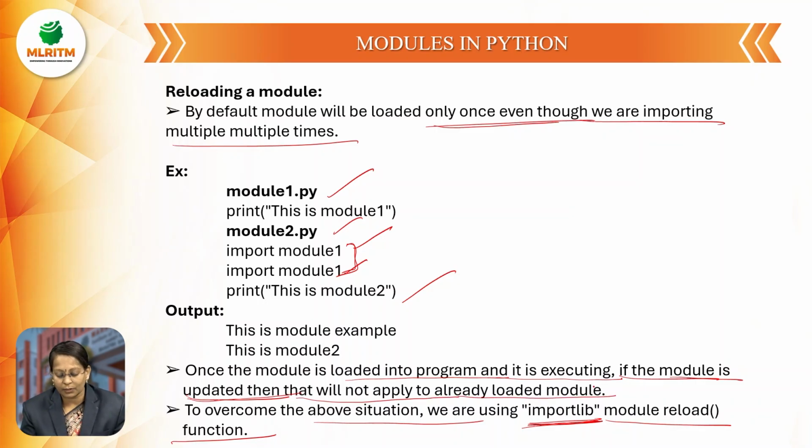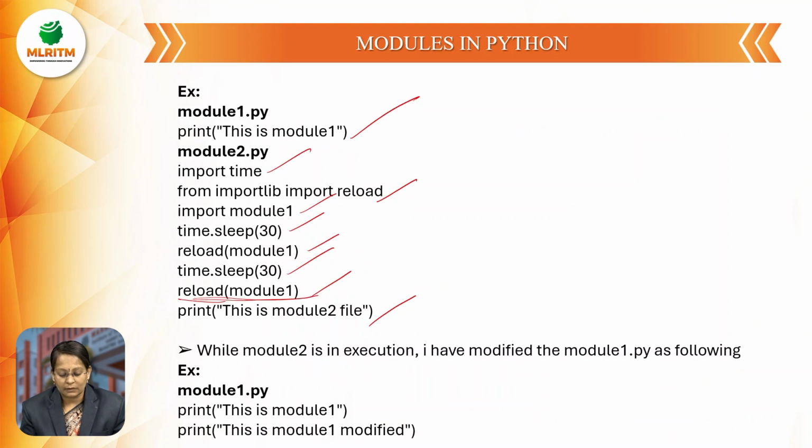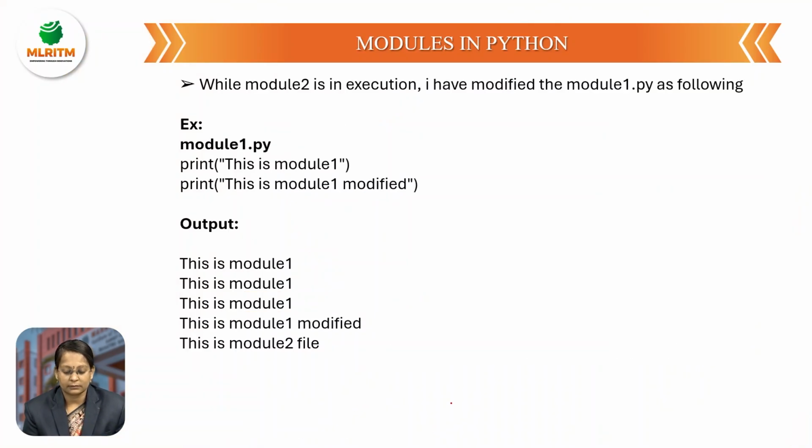So this is a problem, and by using reload we are rectifying it. While module2 is in execution, I have modified module1.py as follows: print this is module1 modified. So this is the output.